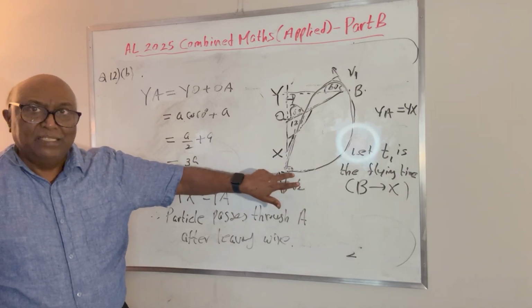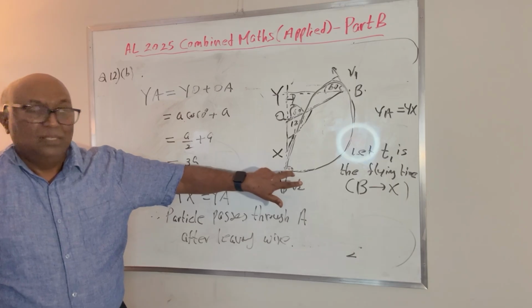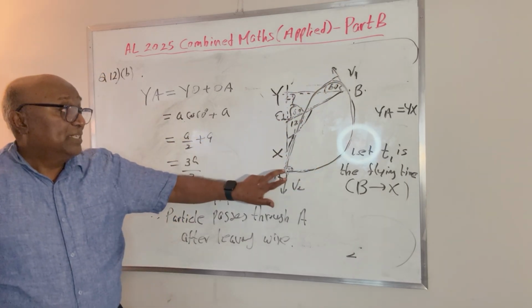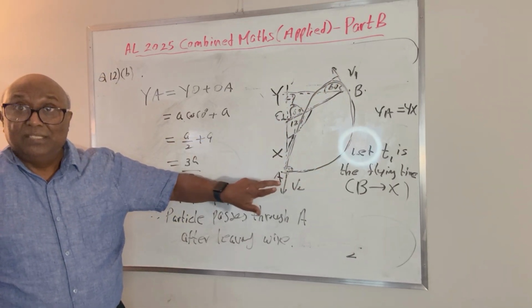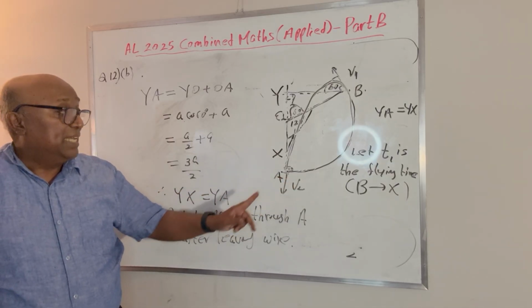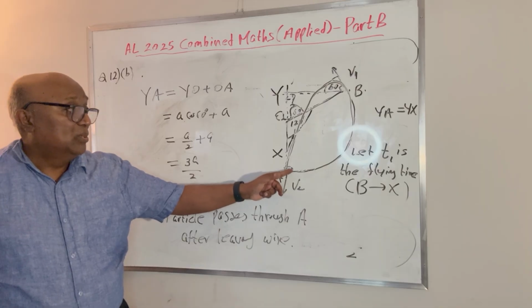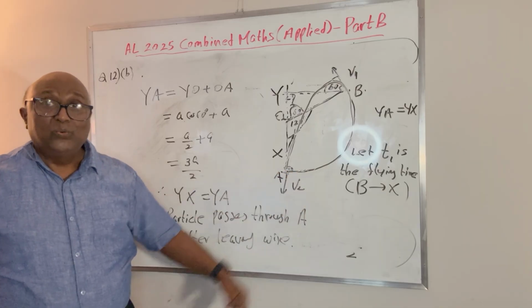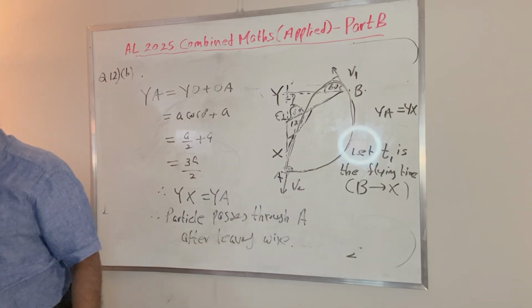In the initial position, potential energy is 0. When it comes back to the original position, potential energy is 0. The kinetic energy should be equal, and the masses are the same. That means this v2 must be equal to root 7g upon 2, but as a speed, not as a velocity.